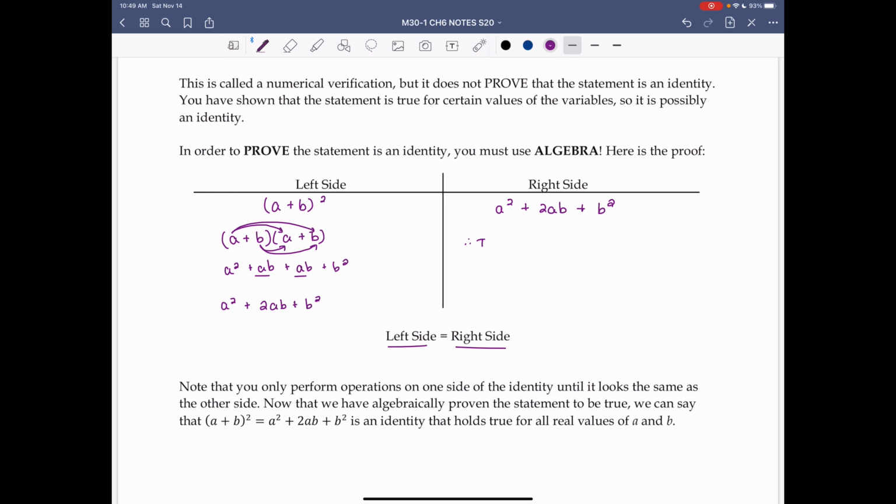Therefore, the statement is true for all values of a and b, which means that this is a proof.